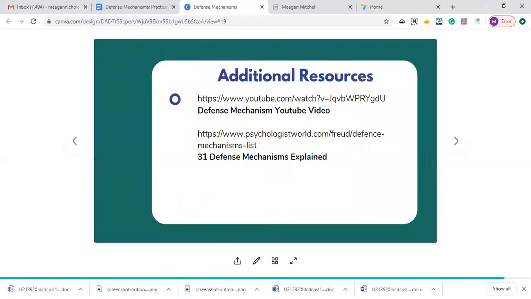So those cover most of the big bucket defense mechanisms you will see. I always like to add additional resources because these are good for visual learners. Maybe you learn best by video or audio. So I've linked a YouTube clip on defense mechanisms. Also, if you go to Psychologist World and look up defense mechanisms, there are 31 listed with different examples.